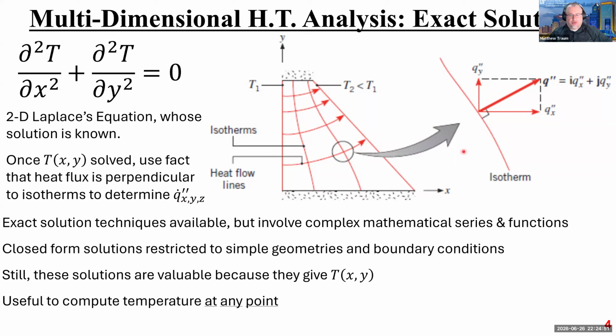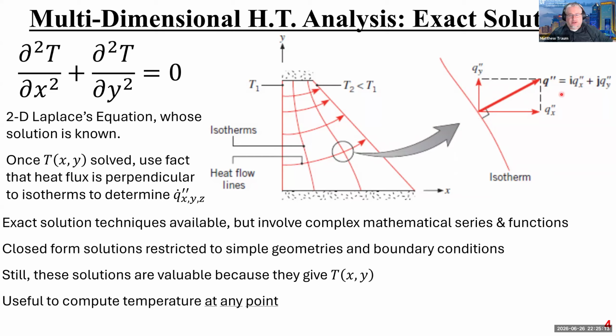And it is true that the heat flux is always perpendicular to the isotherms, right? So this line here is our isotherm. This is zoomed in, right? Here is the heat flux. Here is that perpendicular relationship between the heat flux and the line of constant temperature.